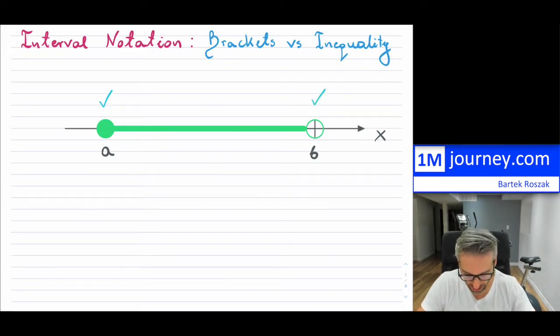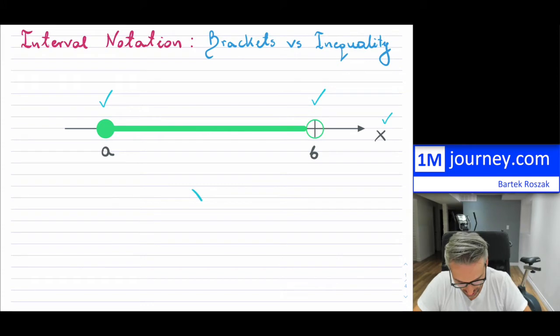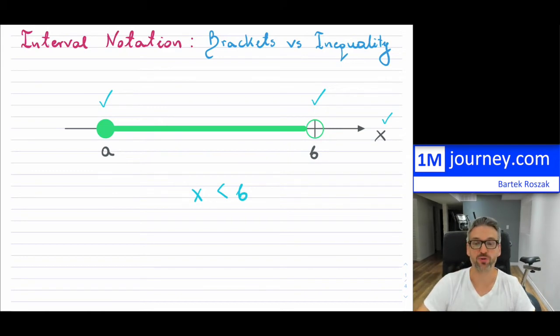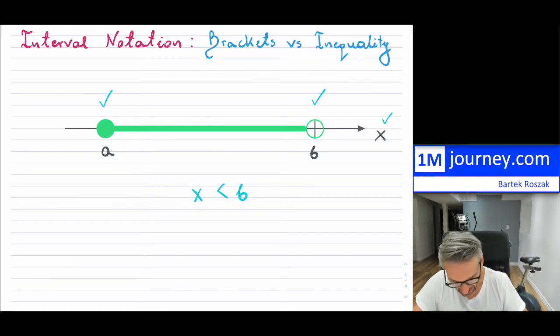And in between, I drew a line between A and B. What this means is that you want to take all your values of X which are less than B. They do not include B, so that's why we just put less than, and this is the unfilled dot. And they are, however, greater than or equal to A.